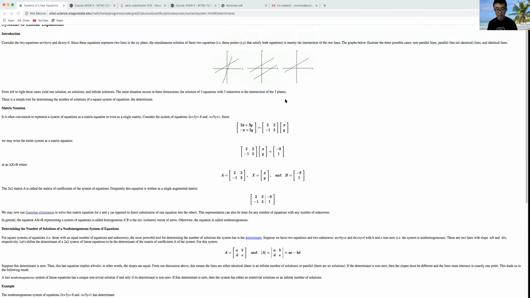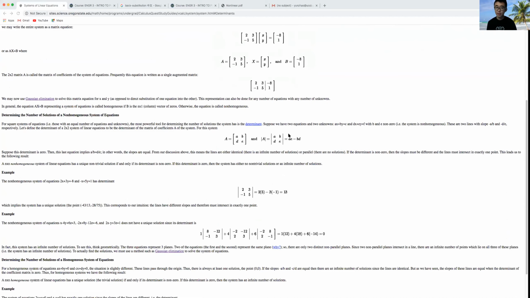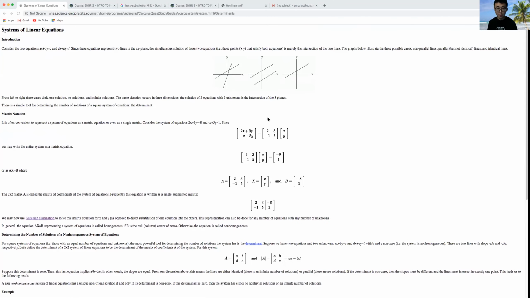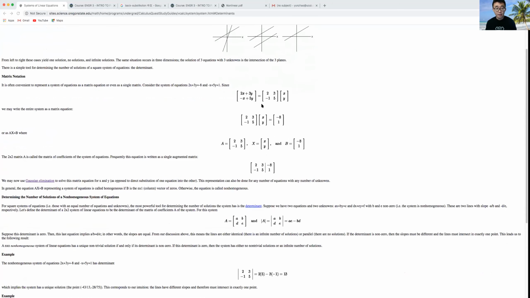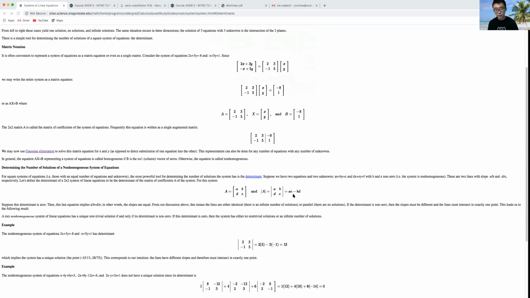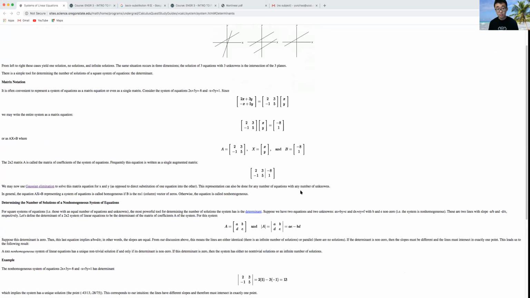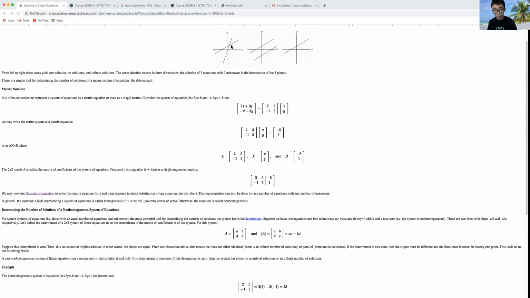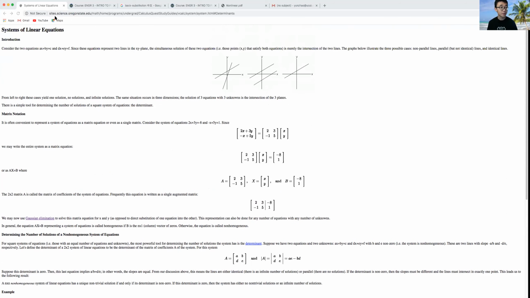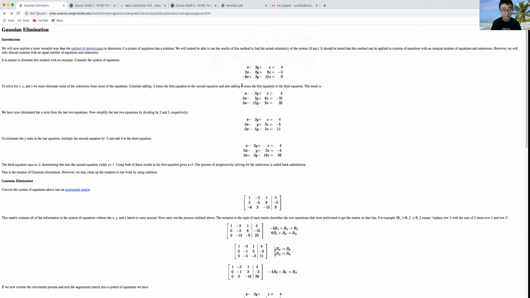So the solution is tricky because they either don't have an intersection or all the points on the line are the intersection. If AC minus BD is not 0, then we can always find the only solution. That's the rule for the determinant.